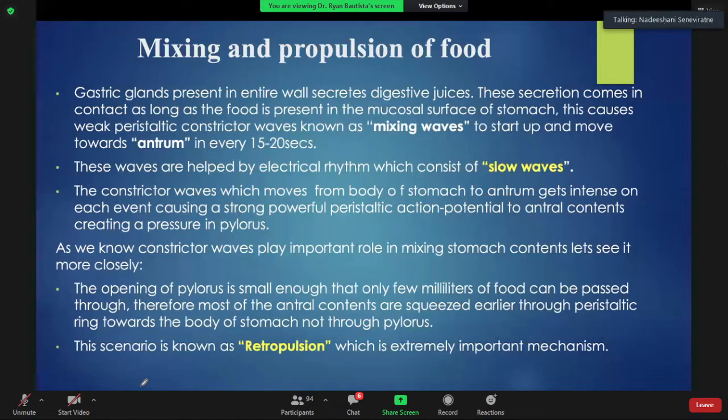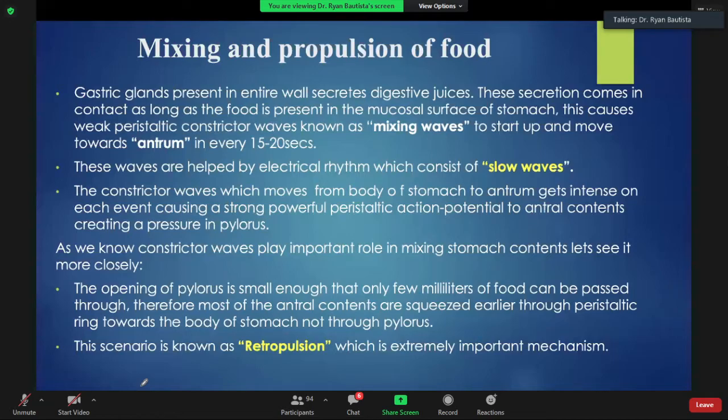Okay, good. When you contract the antrum and produce slow wave contraction, food naturally will go to your pylorus. As you have learned, your pylorus has a sphincter here, and your duodenum is much thinner.